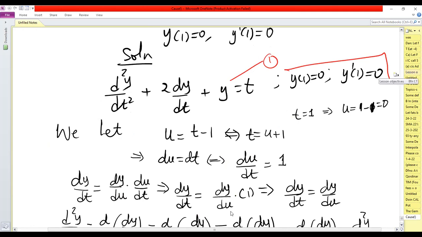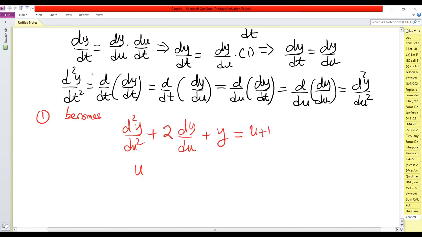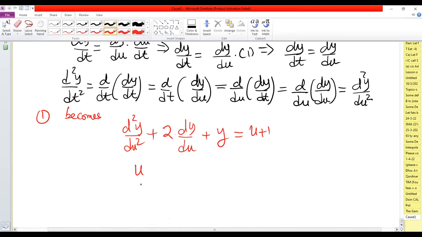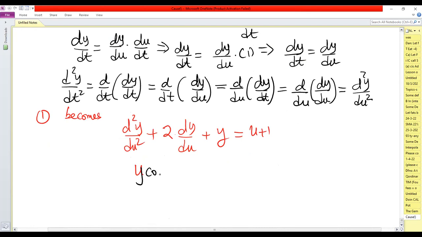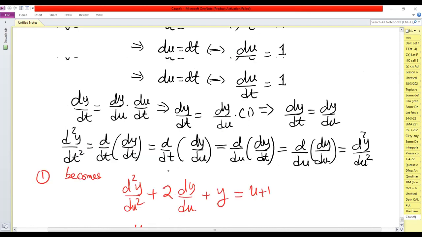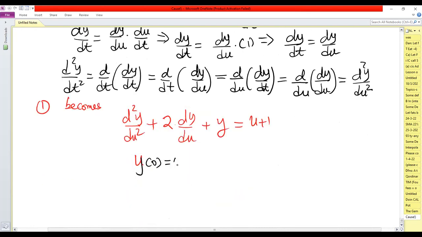So our differential equation will be this, with the initial conditions that y at 0 equals 0, and y prime at 0 is also 0. Remember that in this case, this is y in terms of the new variable u.